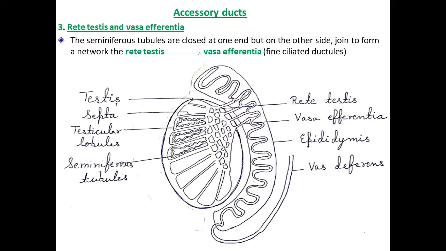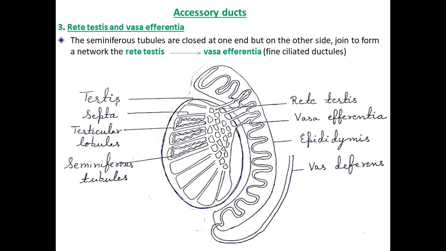These Rete testes, that is a form of a network, then leads into the fine ciliated ductules. मतलब from here arises the fine or patli cilia containing ducts called Vasa efferentia.